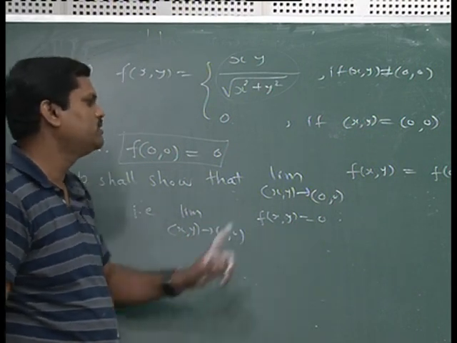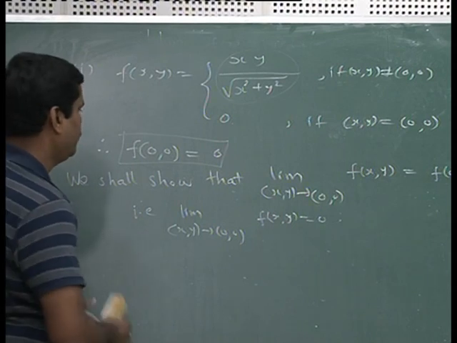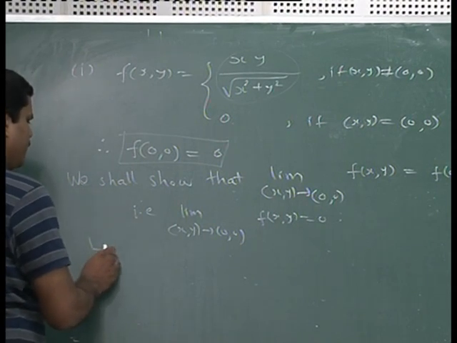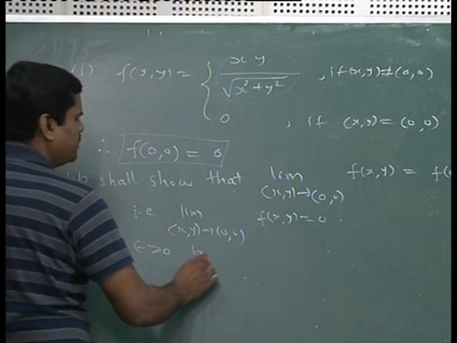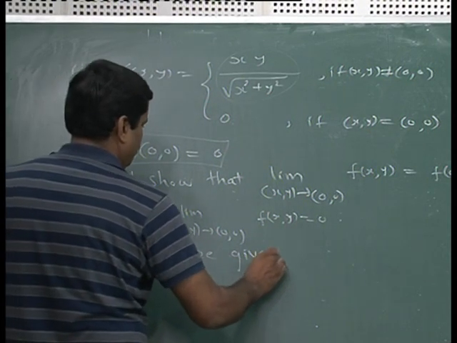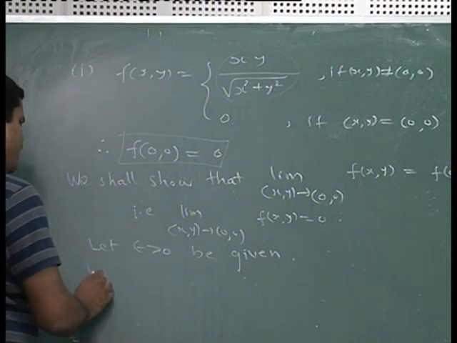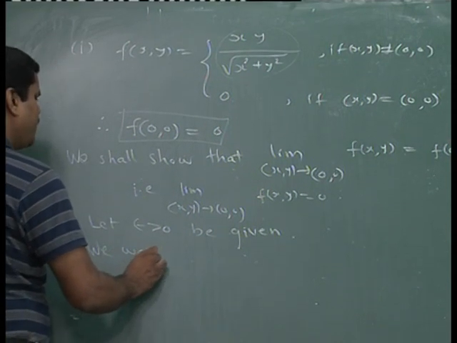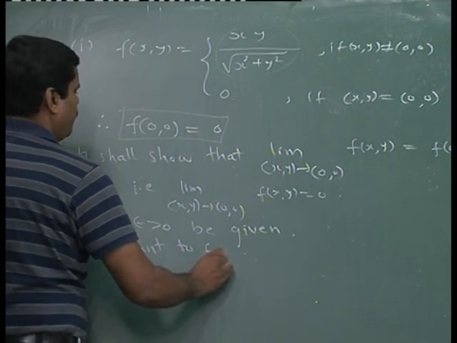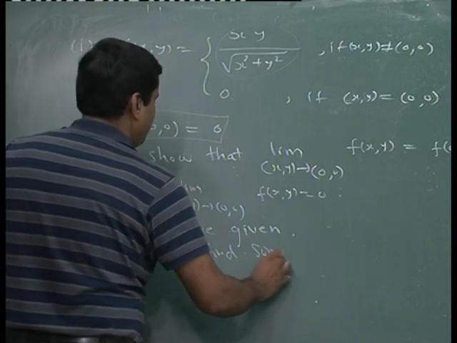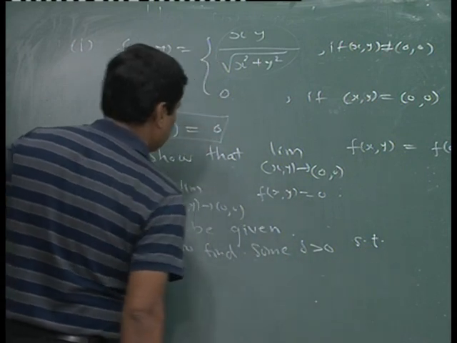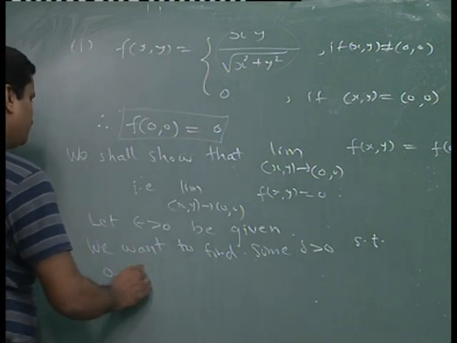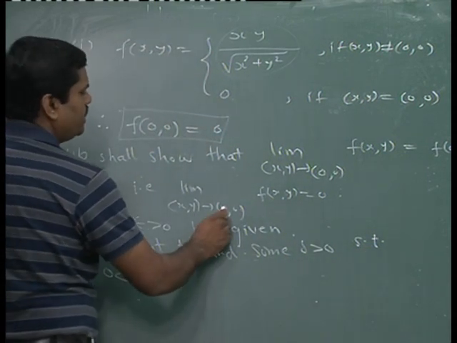So, for this I will use the epsilon-delta method. Okay. So, what is our aim? In the definition of limit, we always start with an epsilon greater than 0, and our aim is to find some delta such that whenever 0 less than mod of x minus a, what is a and b here? (0, 0).